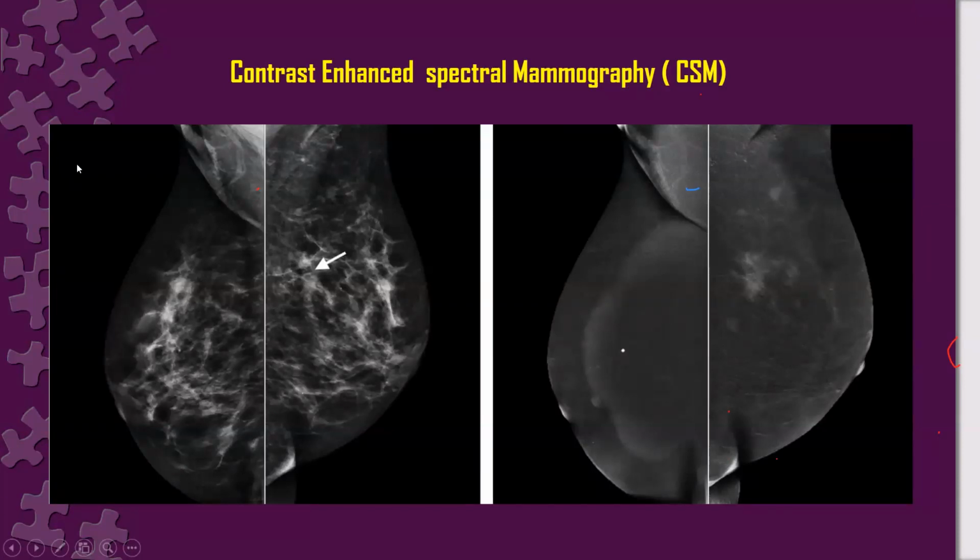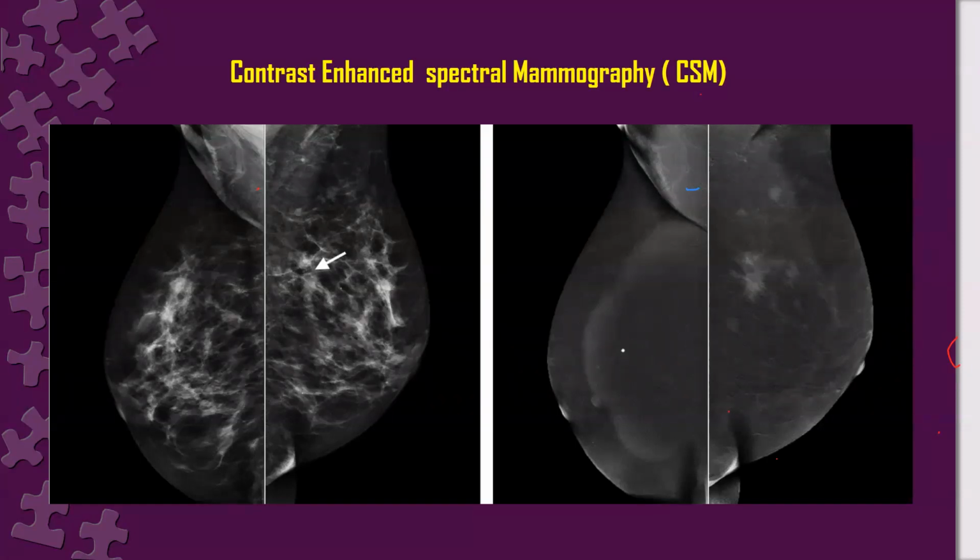We'll go into how to report mammography in the next lecture. But now let us go to the breast MRI lexicons to apply them to contrast enhanced mammography.